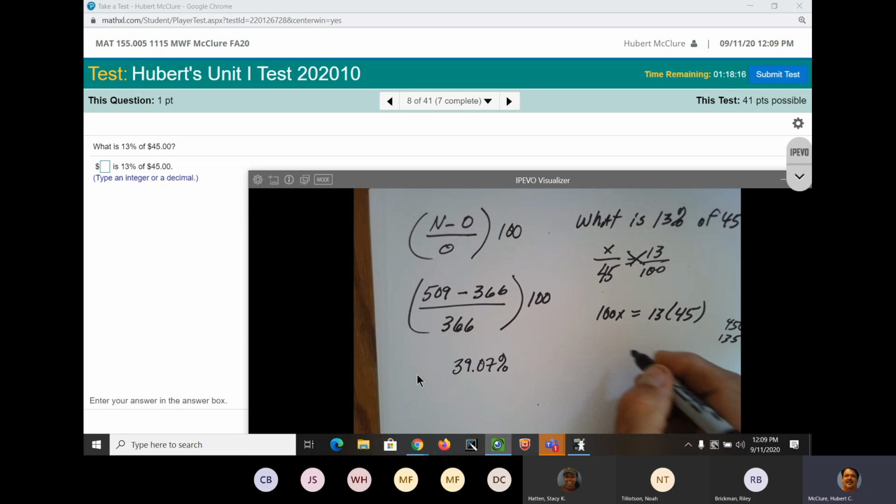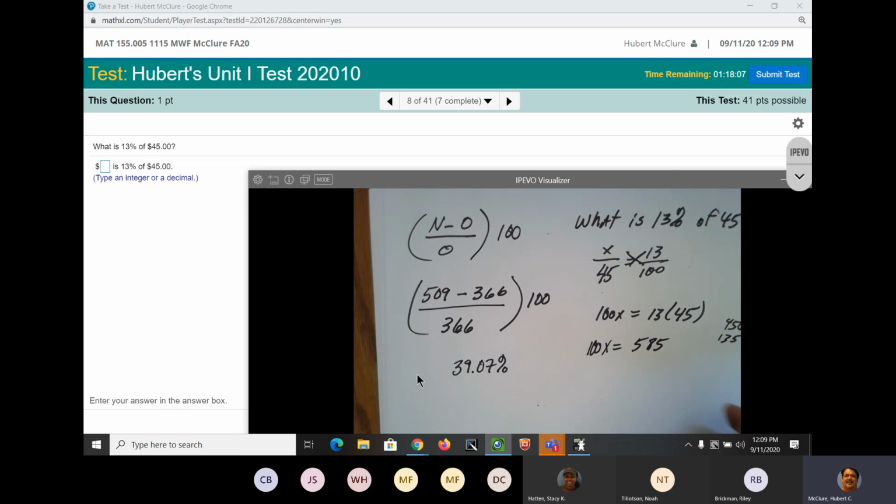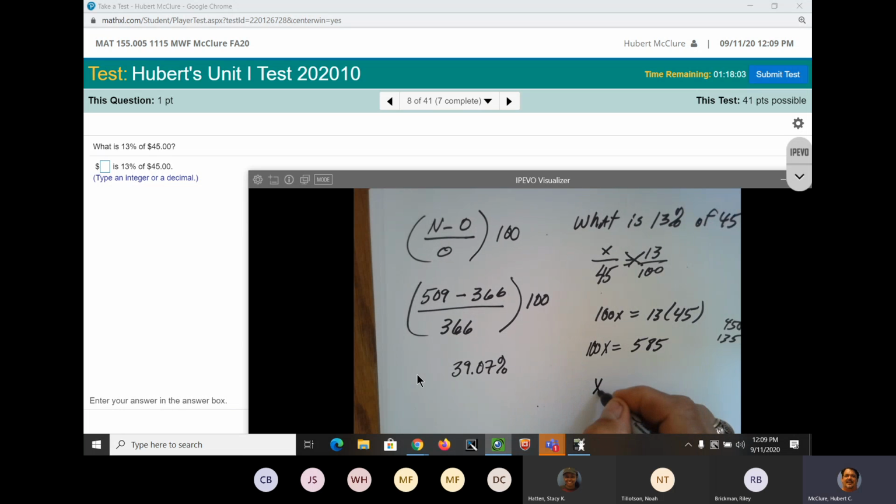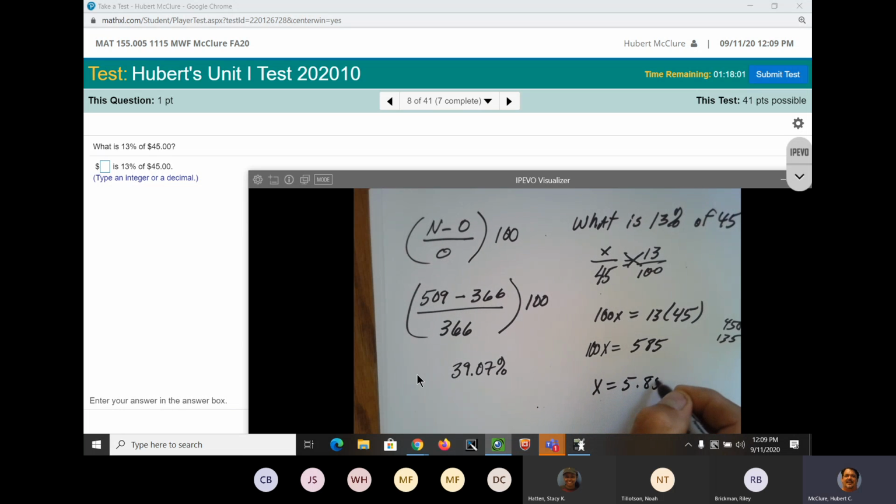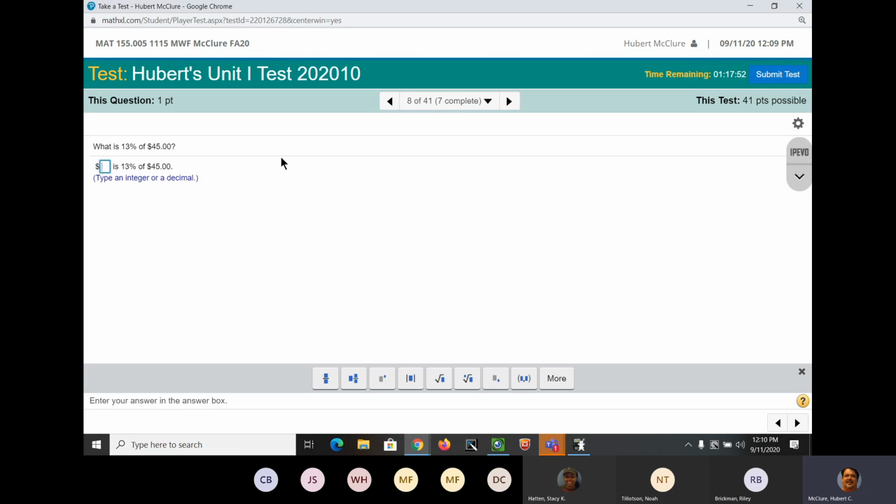So 100x is equal to 585, and divide that by 100. x is equal to 5.85. Once I did something with my drowsy math, because I don't know why I'm yawning so much. 5.85.